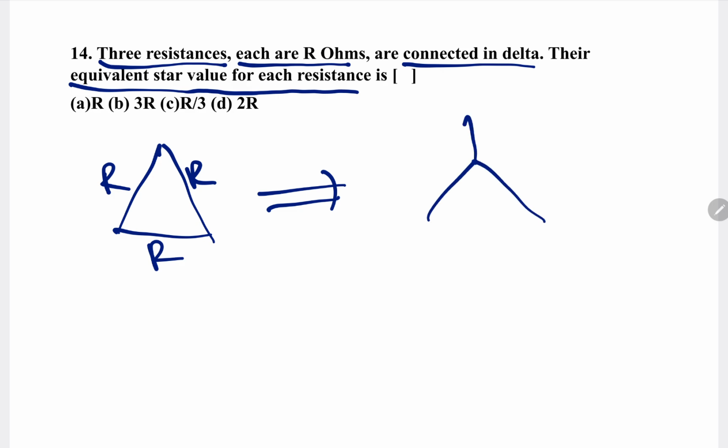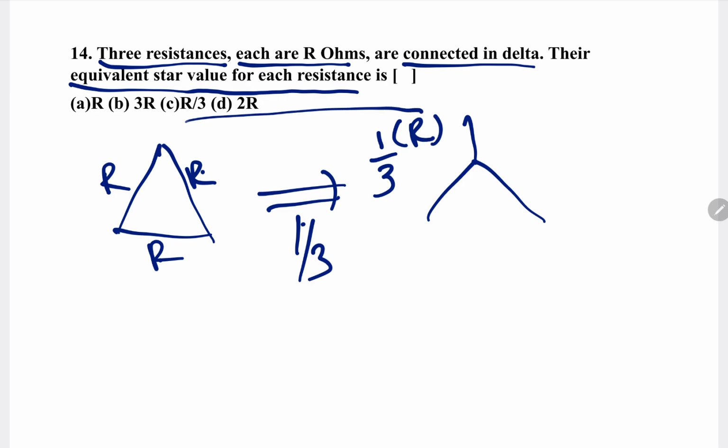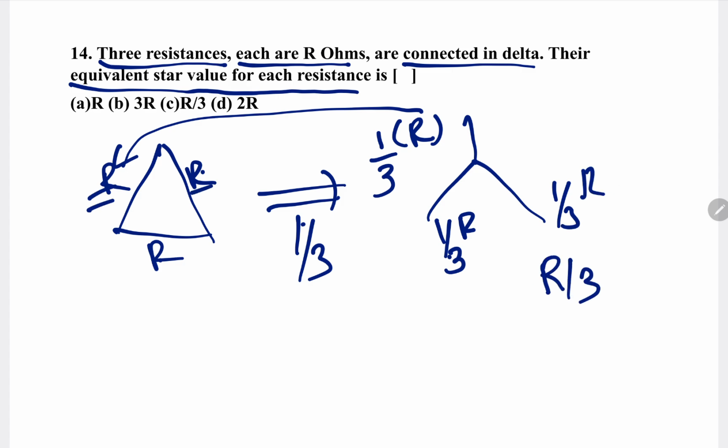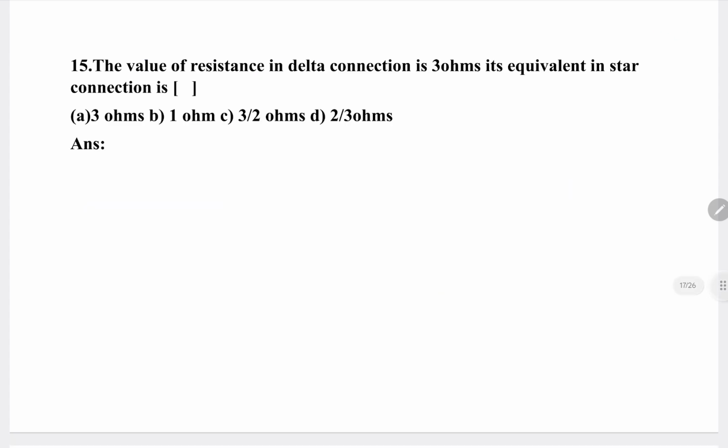So R, R, R, equal resistors in delta, they become one third of R, that is R by 3. R, R, R in the delta network become R by 3, R by 3, R by 3 in the equivalent star network.